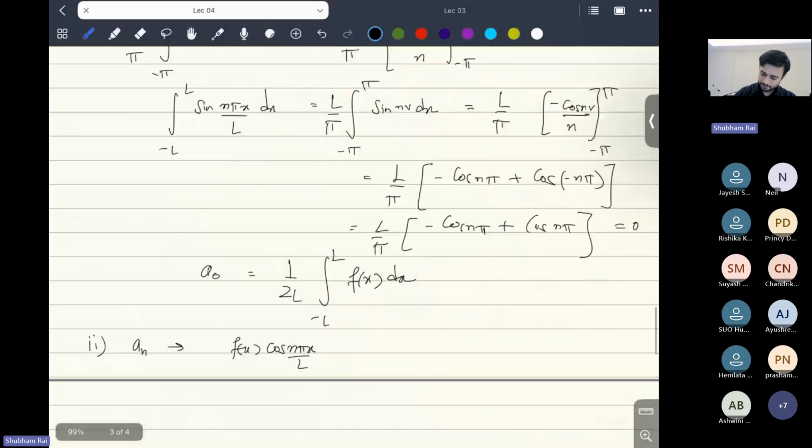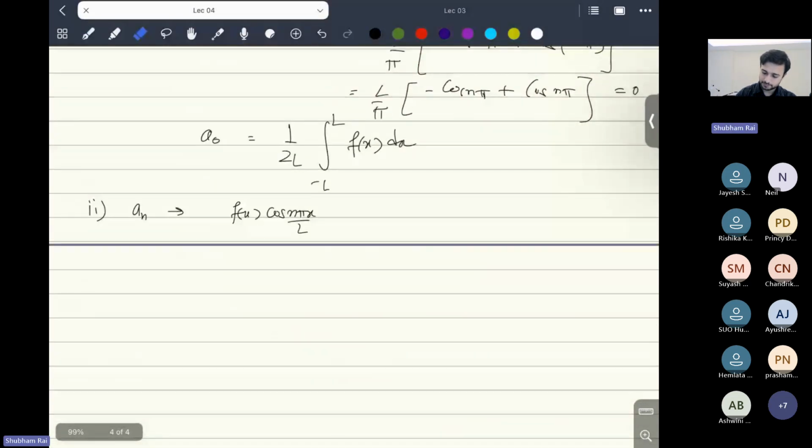So I'm first multiplying with cos(m pi x by L), and I have to integrate from minus L to L, dx.